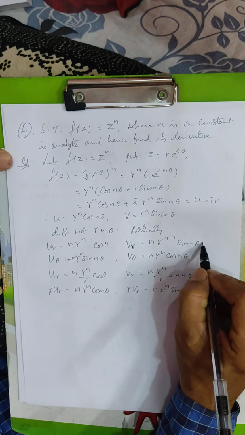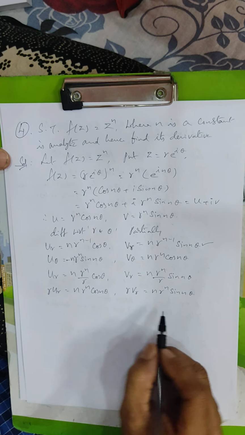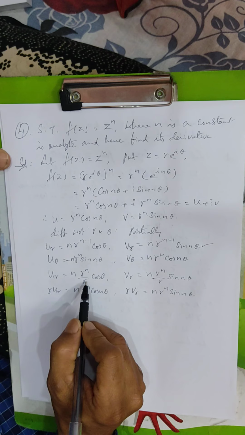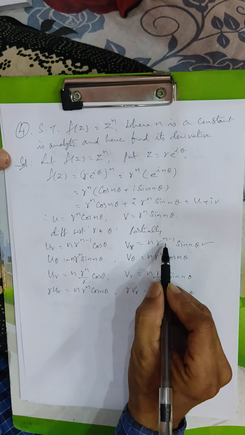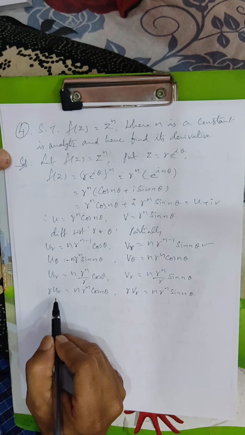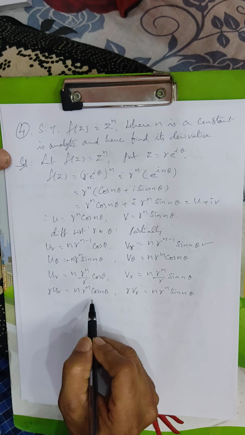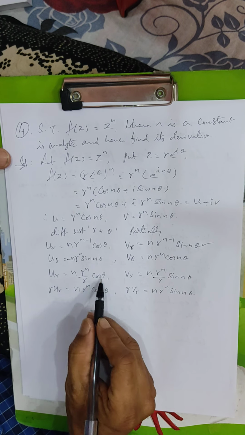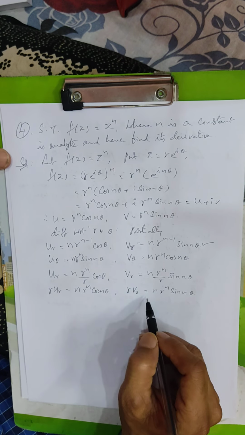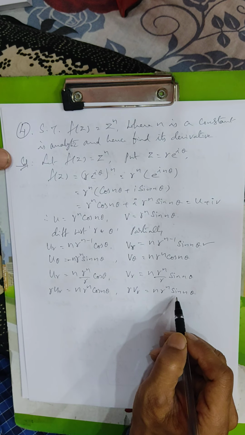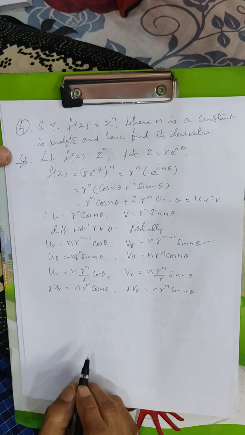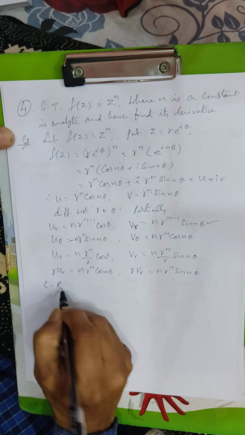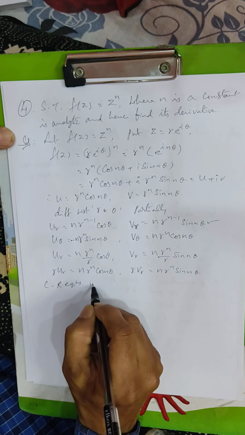We considered these two partial derivatives, and r power n minus 1 we are writing as r power n by r, and cross multiplying we get r into u r is equal to n into r power n cos n theta. Here r v r is equal to n r power n sin n theta.